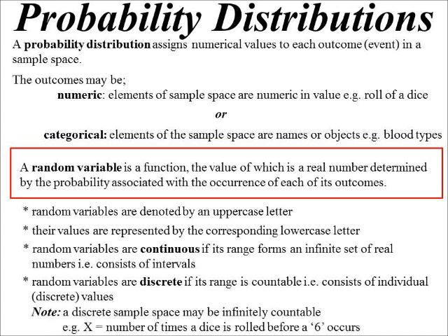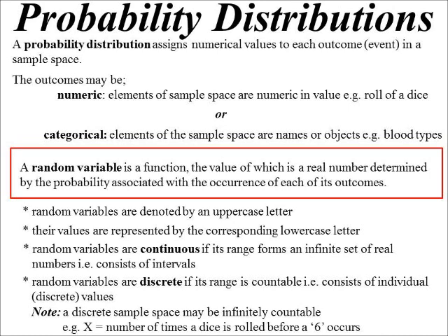Interesting thing there, by the way. It is possible for something to be infinitely countable. I know that sounds weird, but they're still discrete values. So the example there I've got is the number of times a dice is rolled before a 6 occurs. Now, theoretically, you might never roll a 6.